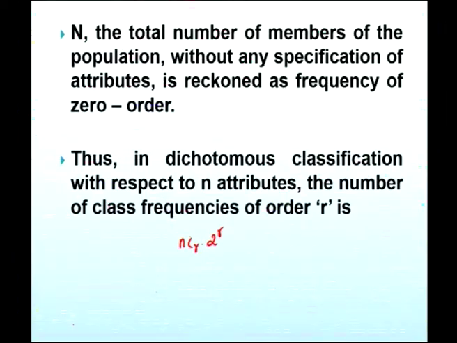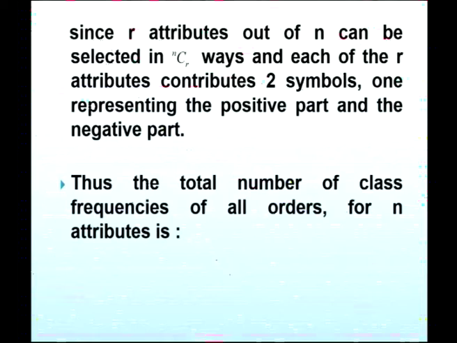So r attributes have to be chosen from out of n attributes, and can be selected in nCr ways, and each of the r attributes contributes 2 symbols, that is, possession and non-possession. One represents the positive part, possession of the attribute, and the other the negative part, non-possession of the particular attribute.